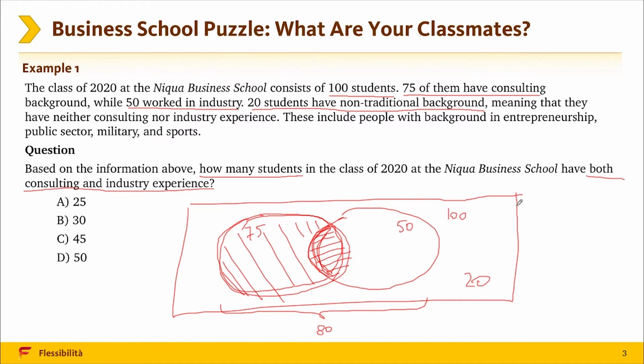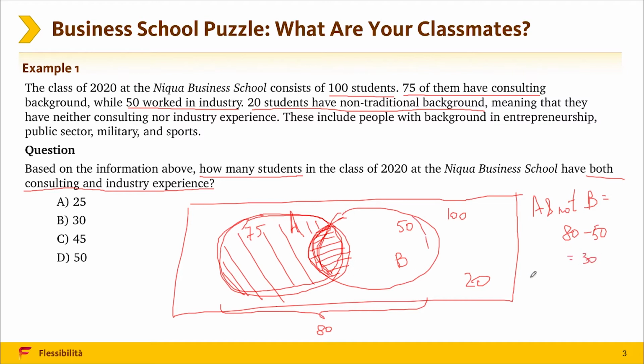So the number of people with consulting background only, I would call it A and not B, where this is A and this is B, is 80 minus 50, these guys here, equals 30.